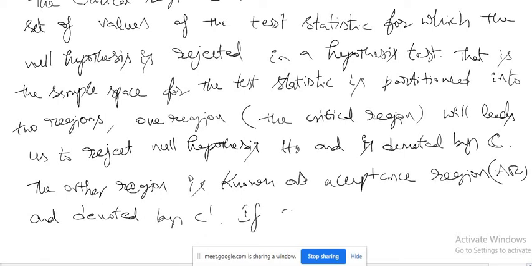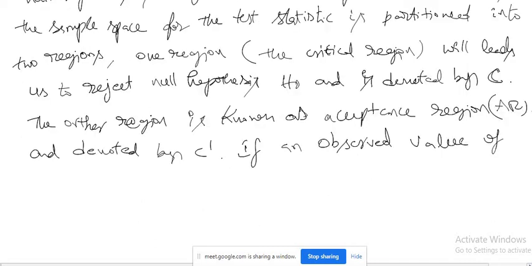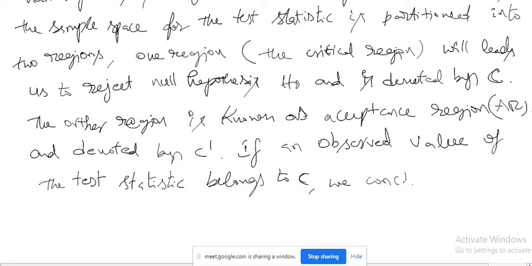If an observed value of the test statistic belongs to C, we conclude reject H naught.